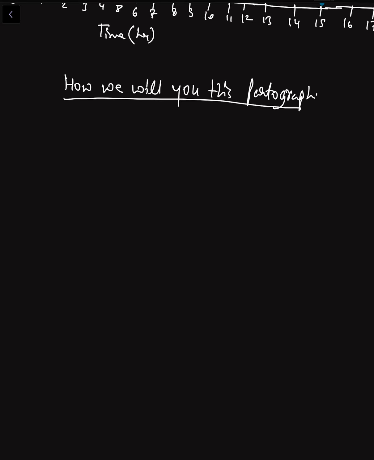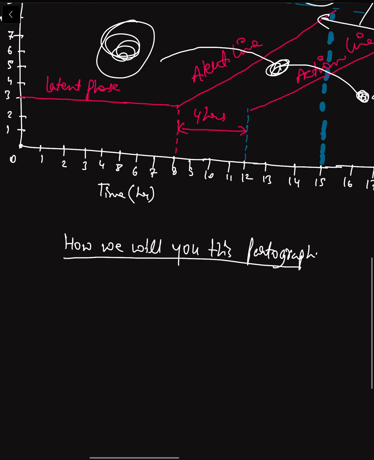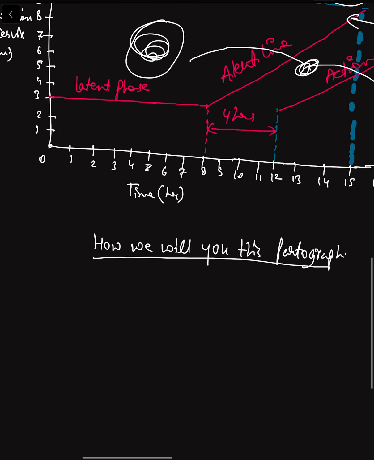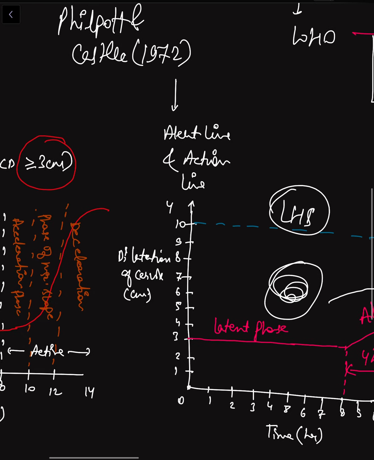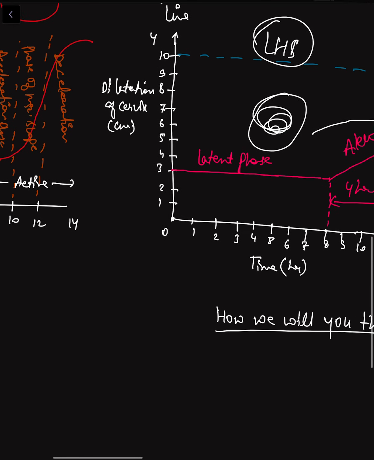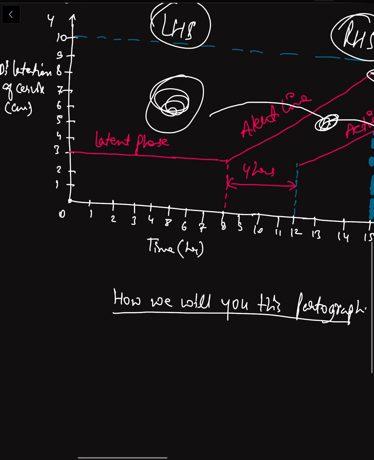As I told previously, this is for Philpott and Castell, and for WHO, this latent phase will be absent. We will neglect the latent phase, and the lines will start from here.